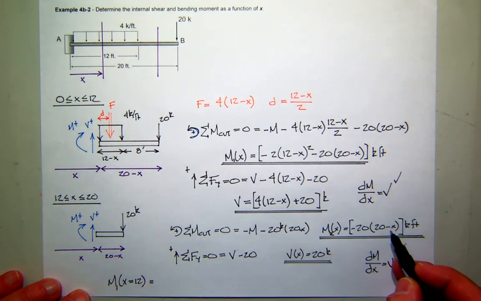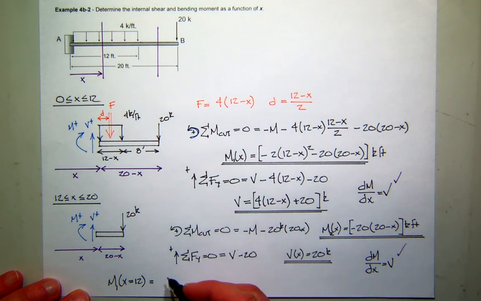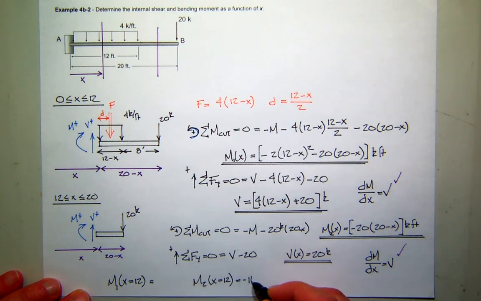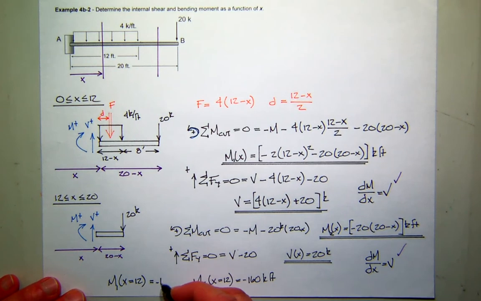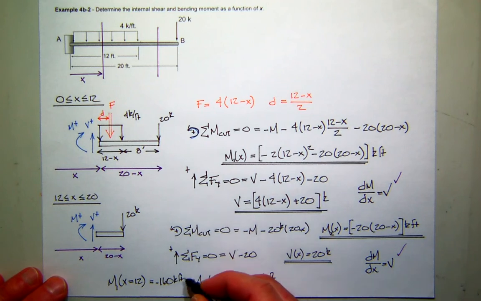If you put 12 in here, I get a negative 160. So moment 2 at x equal 12 is negative 160. Did that come out to be negative 160? Did? That's good. So there's, again, some ways to kind of make sure that things are working.